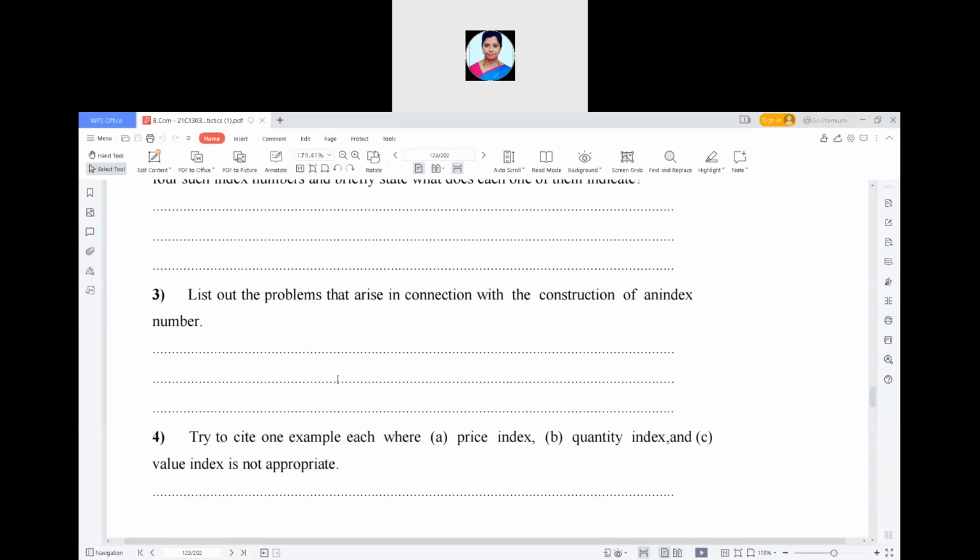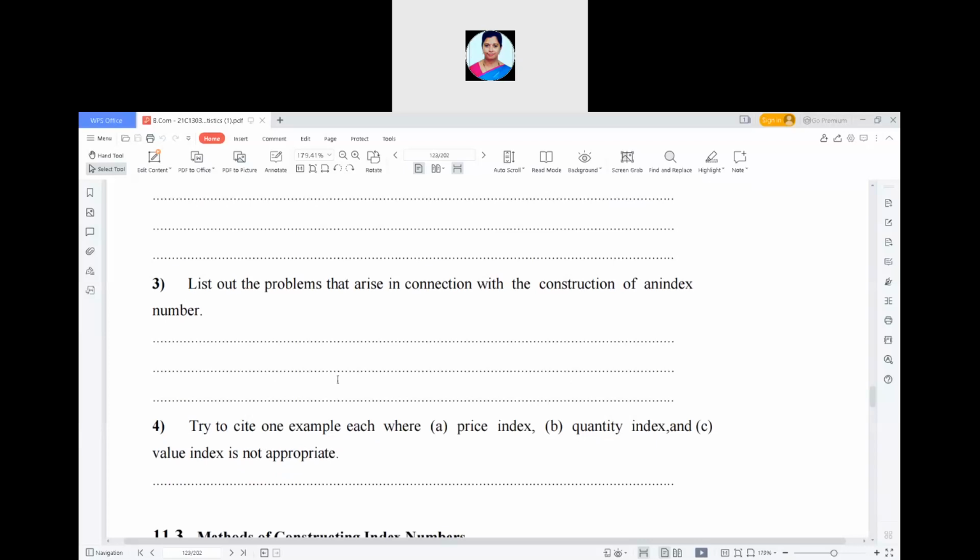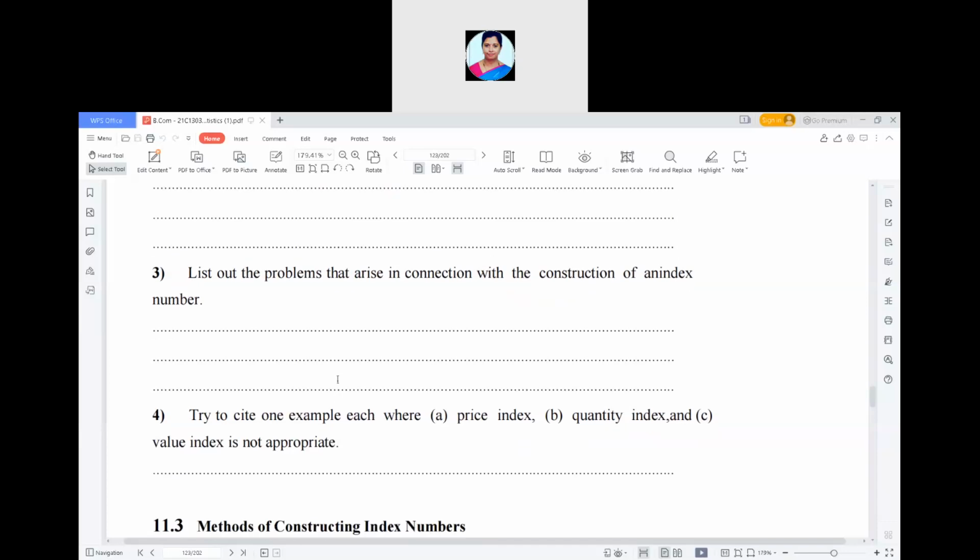That is, you have to give one example for each where it is not appropriate.